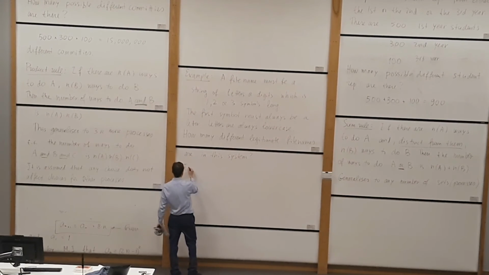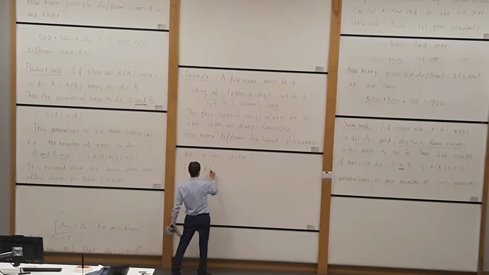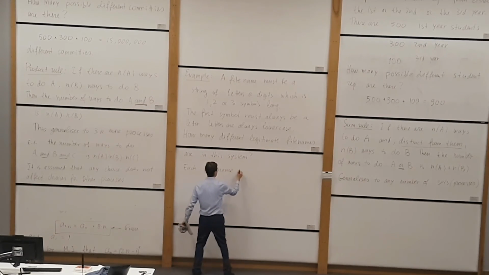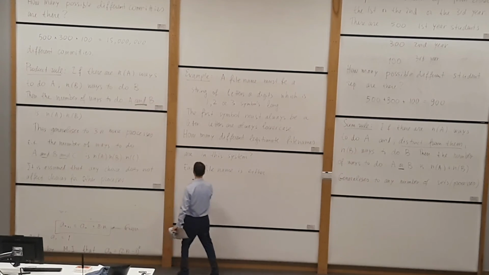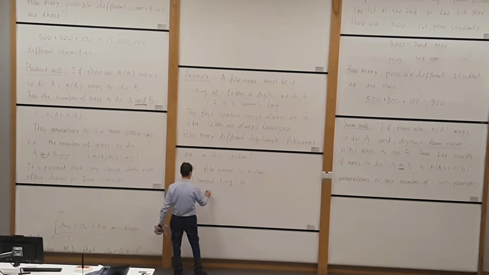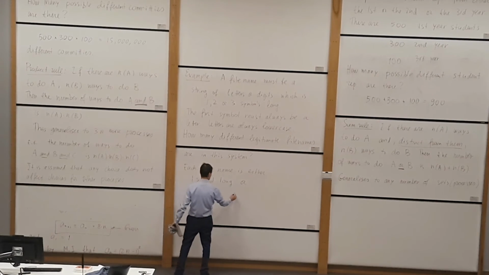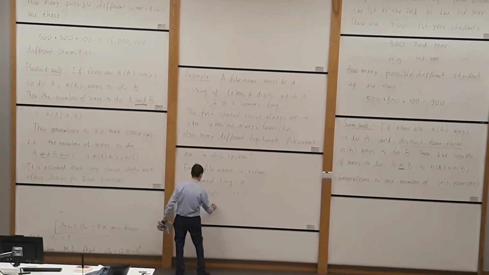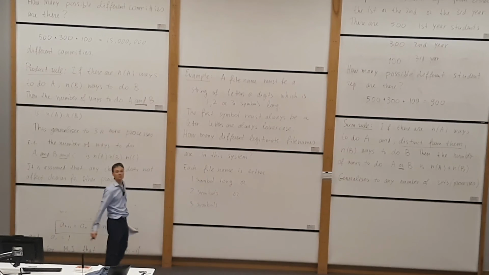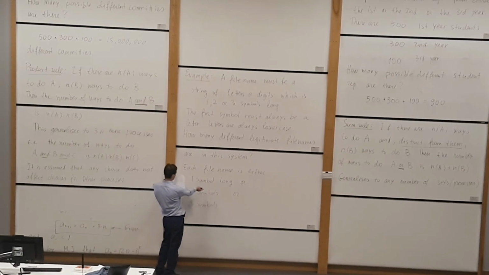Each file name is either one symbol long, or two symbols long, or three symbols long. And these are three distinct possibilities, so there's no overlap.